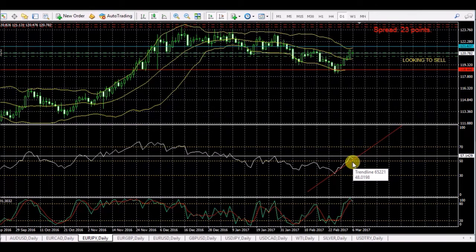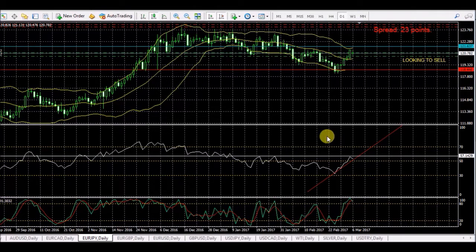It hasn't quite crossed my trend line. I've moved everything onto a 14 position RSI just for clarity. This is a resistance line on the RSI where we've failed in the past. So I was expecting a reversal at that point, which has happened.